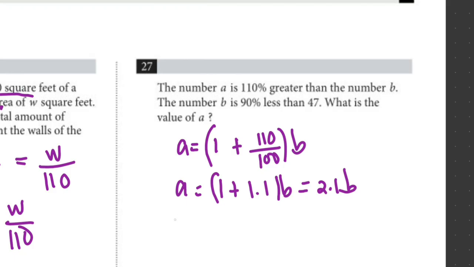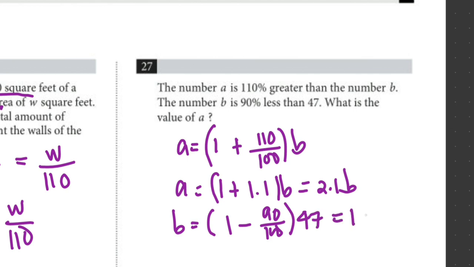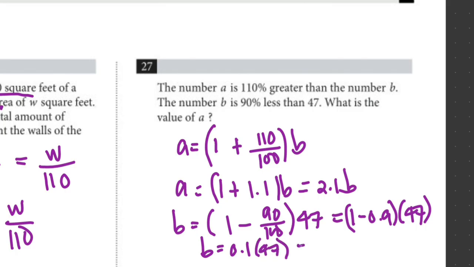90% less than. So B is 1 minus 90% of 47. So this is 1 minus 0.9 times 47. So B is equal to 0.1 times 47, which makes it 4.7.